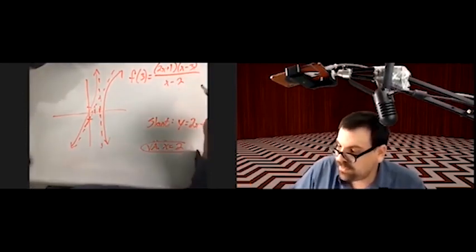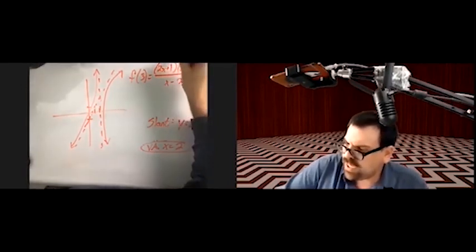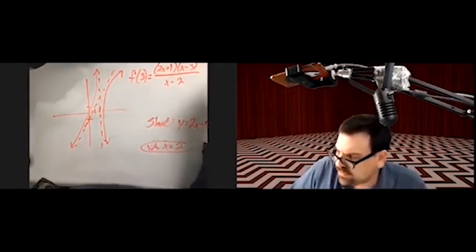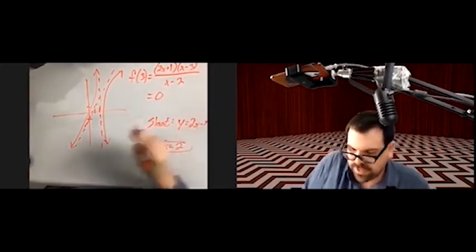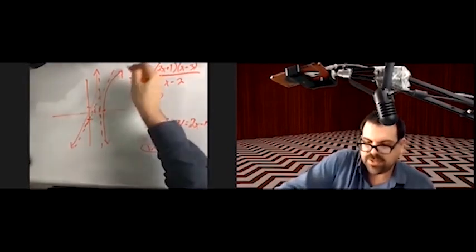If I plug 3 in, I get 7 times 0 all over 1. That would be 0. So when I plug 3 in, I get a y of 0. That means I have a point right here. And that tells me I'm in this section.